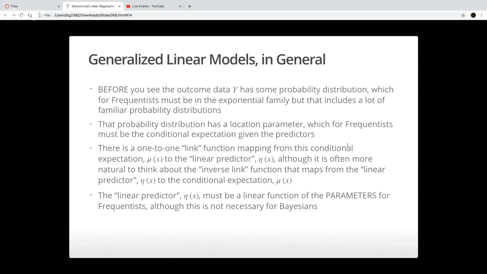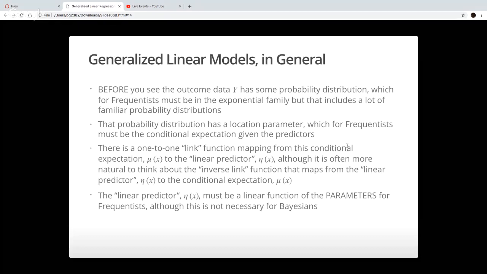So generalized linear models have these four components: a distribution for the outcome. That distribution is going to have some conditional mean. There needs to be a function mapping from the conditional mean to the linear predictor that allows you to invert it, go the other way from the linear predictor to the conditional mean. And then the linear predictor is a linear, or if you're Bayesian, maybe a nonlinear, function of the predictors.